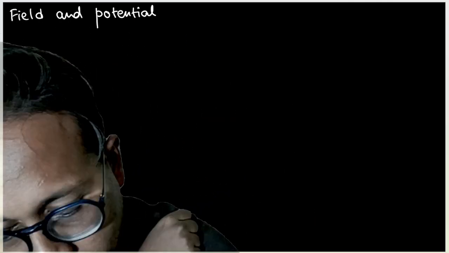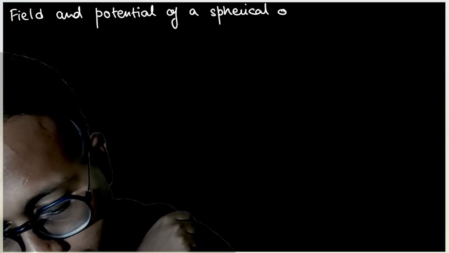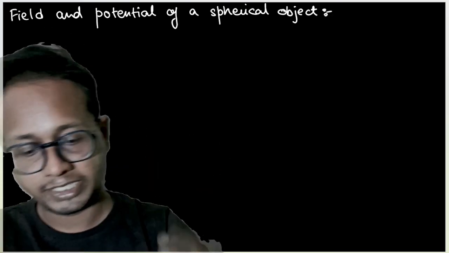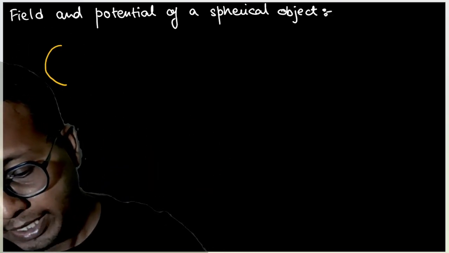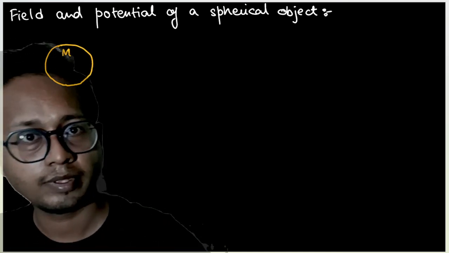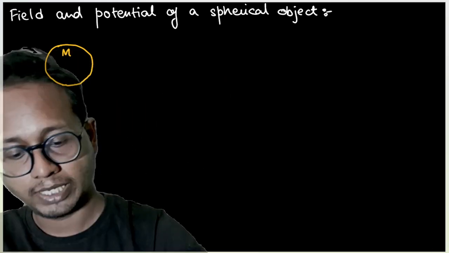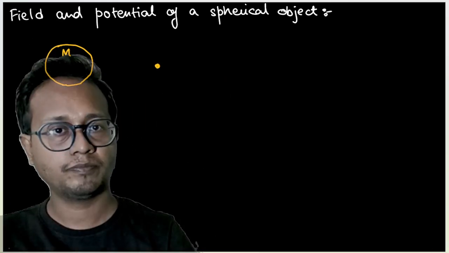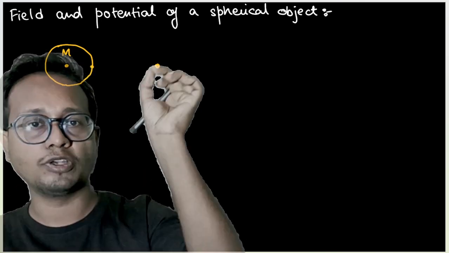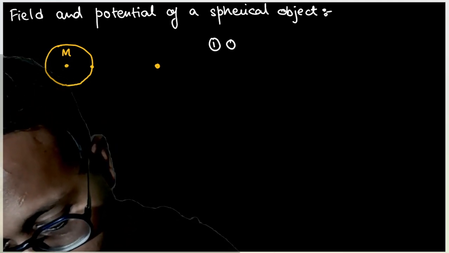Okay, field and potential of a spherical object. Whenever there is a spherical object, be it electrostatic or gravitational, suppose this is mass m. There are two scenarios. I have to find out the field, that means I'm keeping out 1 kg. I have to find out the field outside the sphere, at the surface of the sphere, and inside the sphere. There are basically 3 points of discussion. Point 1 is outside the sphere.